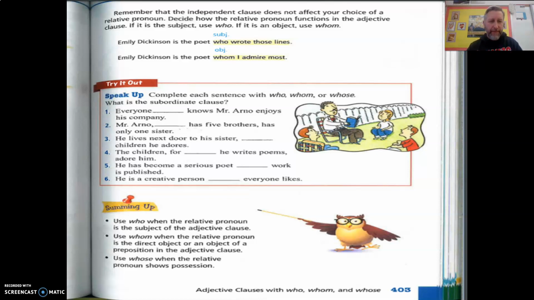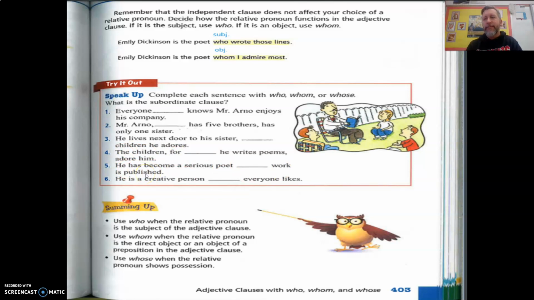Number 5. He has become a serious poet. Blank work is published. Do you see a subject next to the blank? Neither do I. So I guess we would put who. Wait a minute, we didn't eliminate the whose. We didn't do that first. He has become a serious poet whose work is published. You know what?